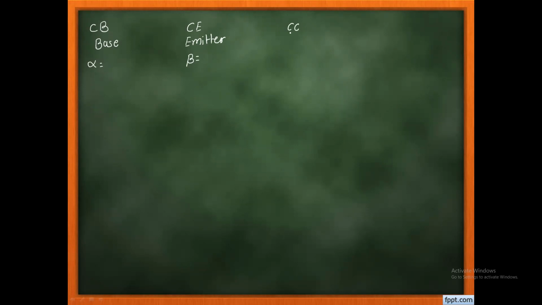But let me clarify that the current amplification factor alpha in the common base configuration is nothing but IC upon IE. And what is the definition of a current amplification factor? It is the output circuit current to the input circuit current.